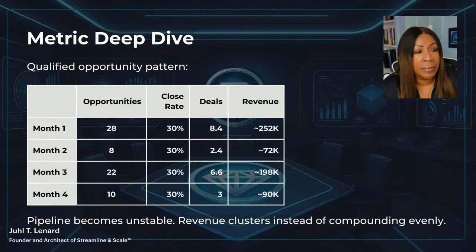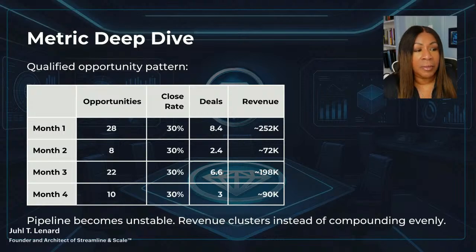Month 1, 28 opportunities. We're booming. 8.4 deals, 252,000. Month 2, though, 8 opportunities, 30% close rate, 2.4 deals, 72,000. Month 3, 22 opportunities, 30% close rate, 6.6 deals, 198K.